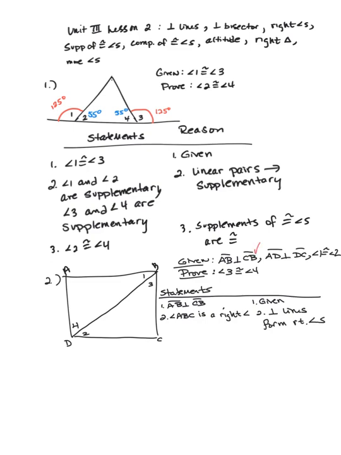But now I have to use the next given. I have AD is perpendicular to DC. And I could have put in line 1, I could have put this line 3 as well, and then in line 2, I could have put what I have in line 2 and what I'm going to have in line 4 in a moment. So this is given.